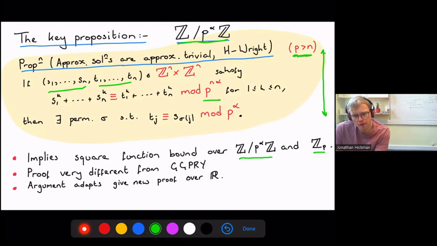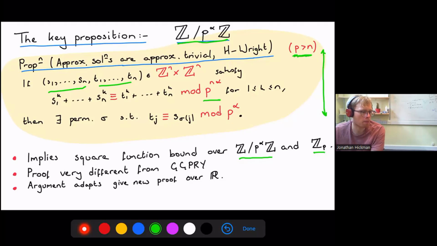The proof is very different from that used in the real case by Gressman and co-authors. As I mentioned, it necessarily has to be quite different because the proof of Gressman et al. uses heavily the order structure of the real line. And in fact, our arguments give in some ways a unifying approach because you can adapt them also to work in the Euclidean case and recover the theorem of Gressman et al., at least in this moment curve case.